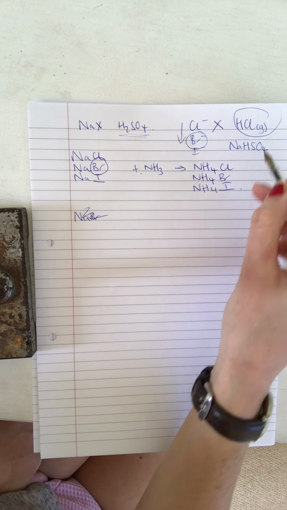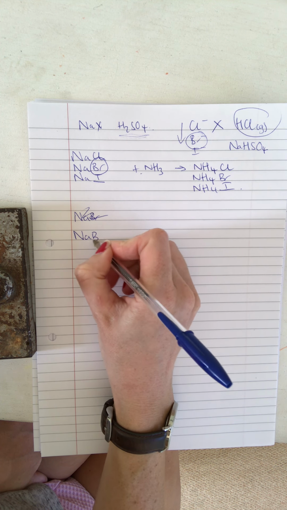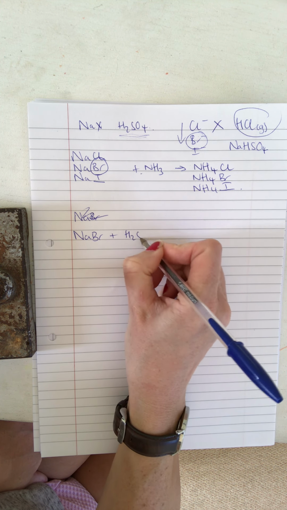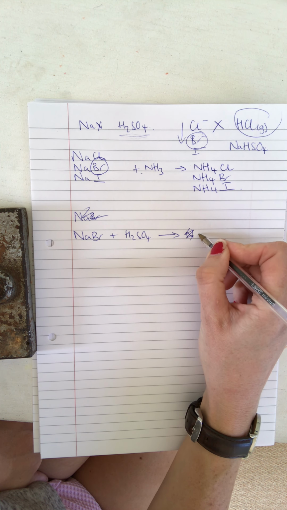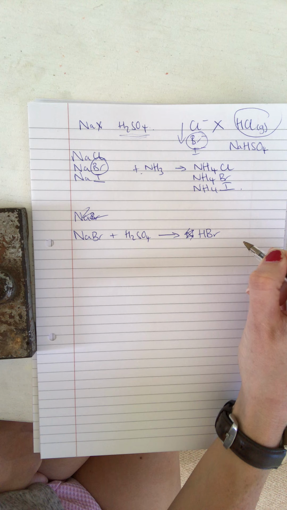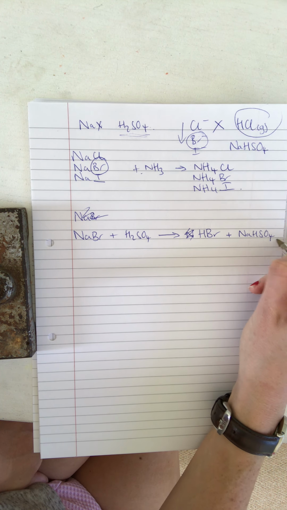NaBr plus H2SO4 gives you HBr plus NaHSO4.